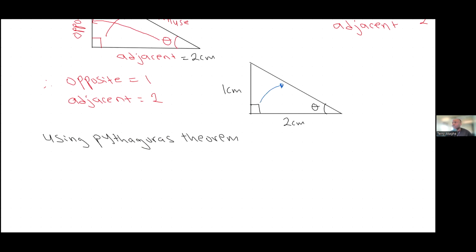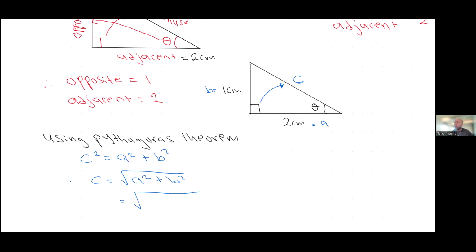And in this case, it's going to be the C. You can make any of the other sides your A and B. It does not really matter. So we know from Pythagoras theorem that C squared is equal to A squared plus B squared. Therefore, C is going to be equal to the square root of A squared plus B squared, which is going to be equal to the square root of A is what?